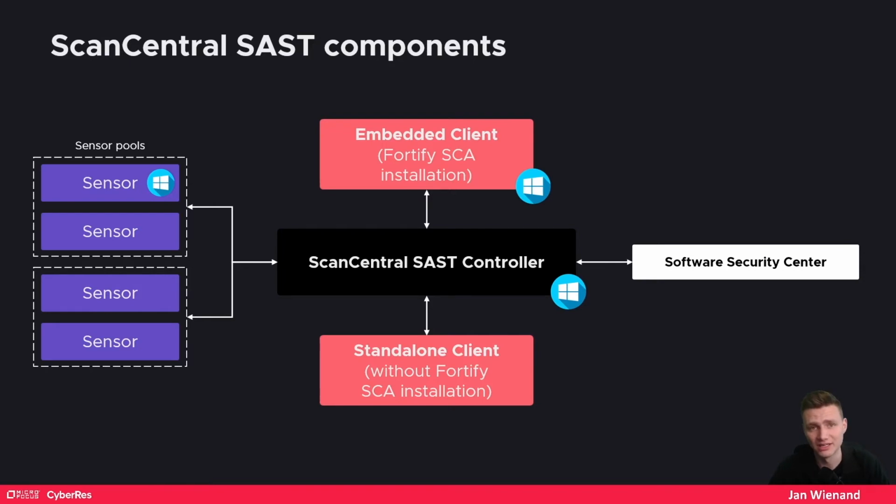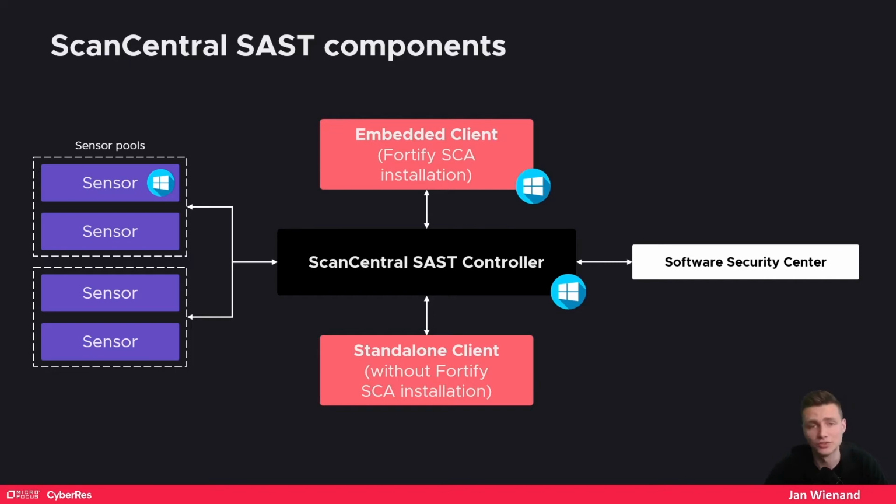I highly recommend splitting these components up if you try to set up a production environment. But for demo purposes, I thought it would be easier if we are only using one server. So please keep in mind, in this case, we are going to install the ScanCentral SAST controller, the sensor, and the embedded client on one Windows server.